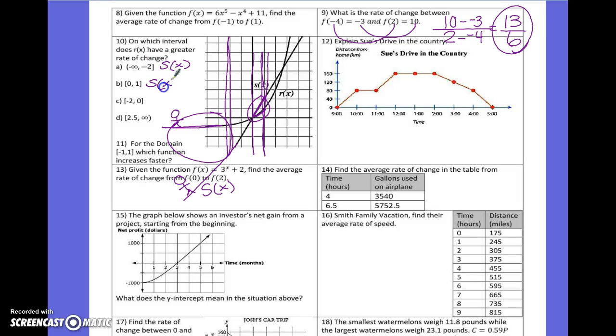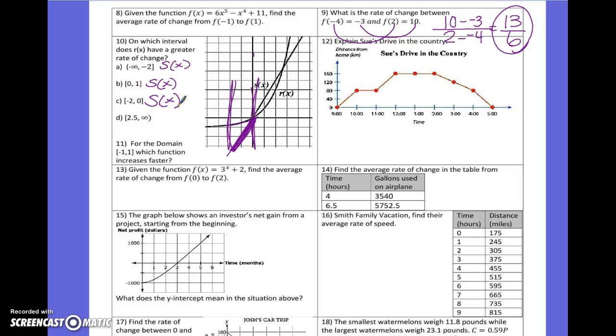Straight line s of x would be faster on both of those. If we look at the next one, they give us negative 2 to 0. Here's negative 2 to 0. Again, if you're going to climb up each of these, the steeper one to climb up is the straight line. So again, that's s of x.